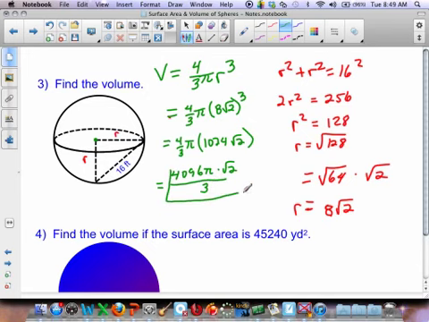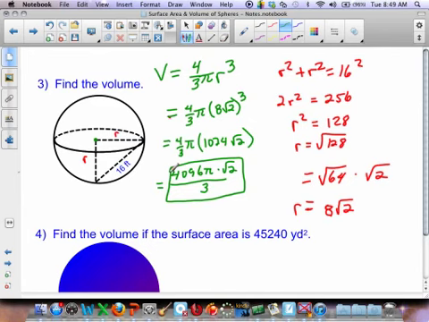And that is our simplified answer. And I know you guys are laughing at me like, okay, that's simplified. Technically, that is the simplified way to write this answer. 4,096 pi radical 2 over 3. Now at this point, you go to the calculator, type it in, and we're done.